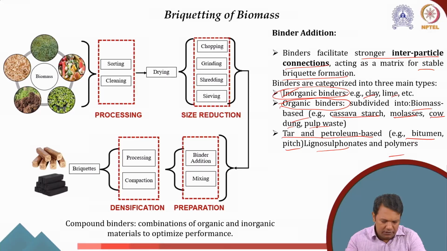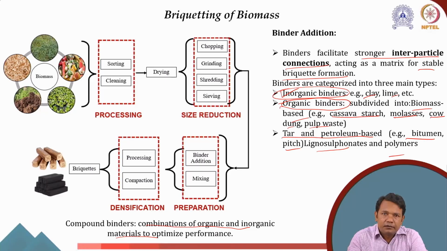In addition to it, we have compound binders which are combination of organic and inorganic materials to optimize the performance. When we say performance, the binding performance or improve the efficiency of the strength of the briquette.